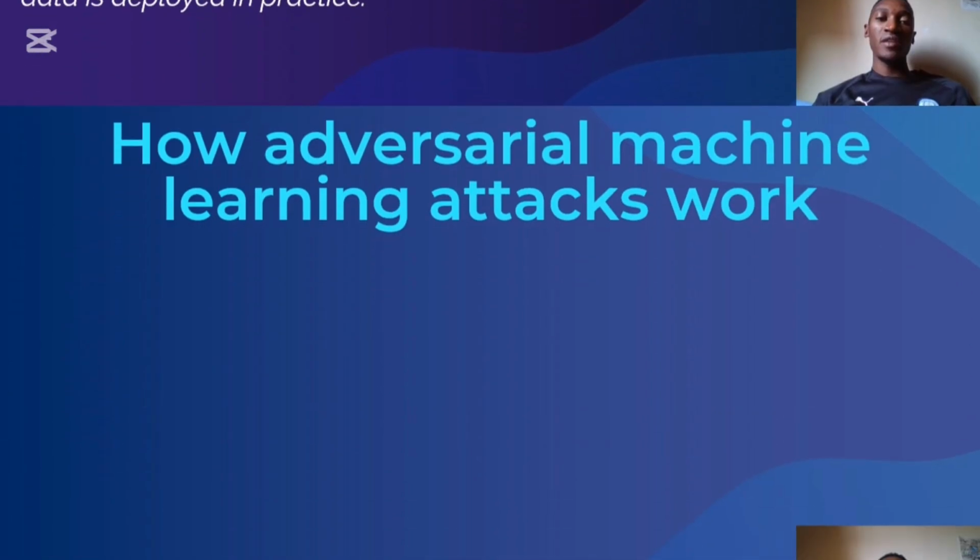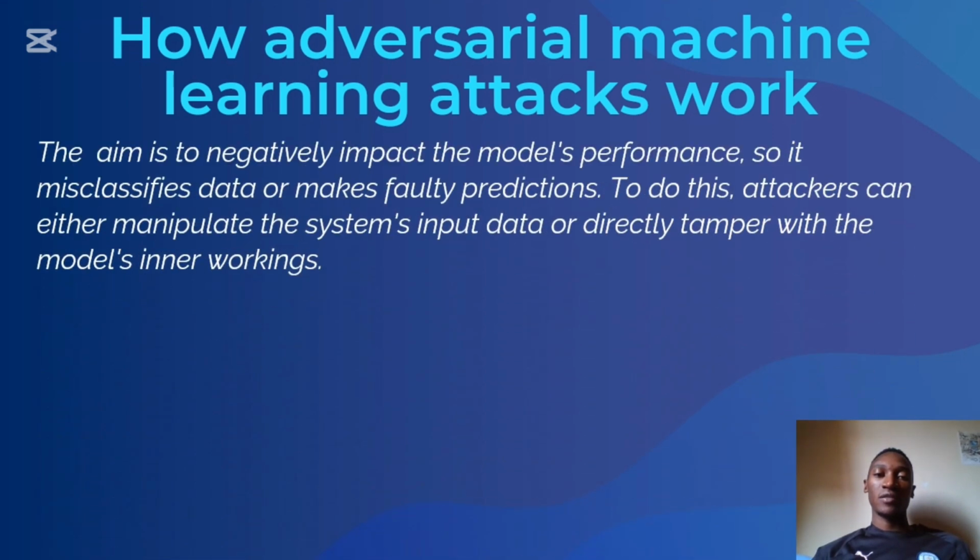Then I can give a description of how adversarial machine learning attacks work. The major aim is either to protect the model from attackers, or attackers using the model to cause malfunctions.